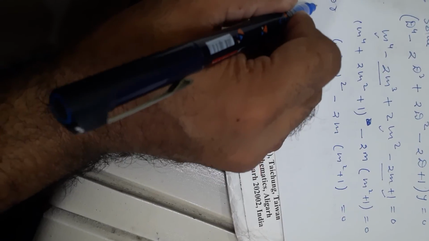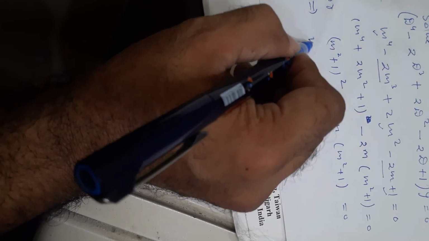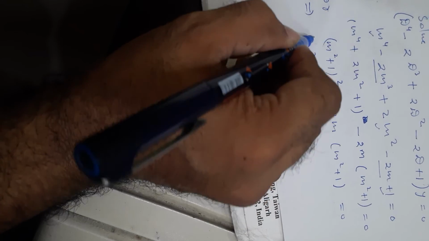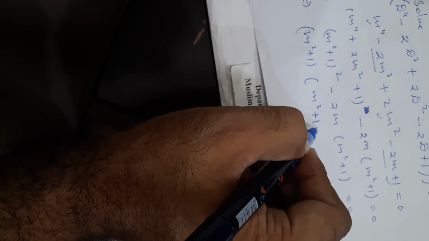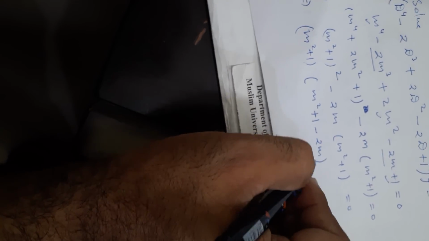So we can take (m² + 1) common, and the remaining factor is m² + 1 − 2m = 0.